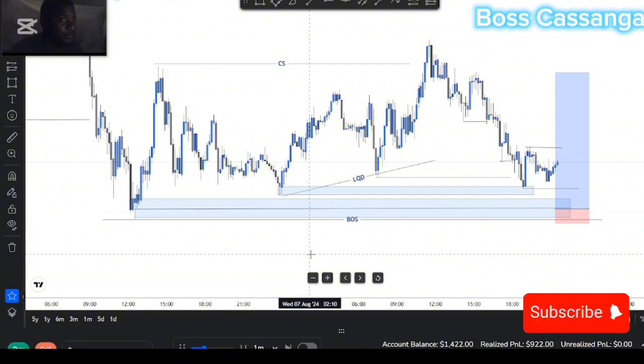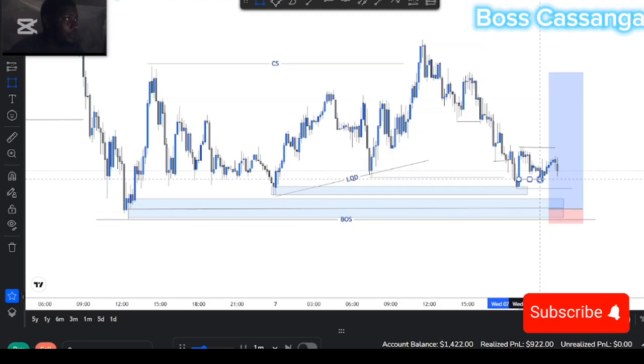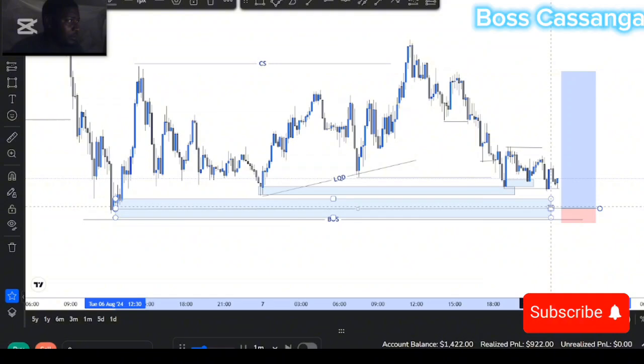As you can see, this demand zone is holding, or was holding. Now we tested again, but still I'm just waiting for that entry here, because that's the point of interest. That's my point of interest.